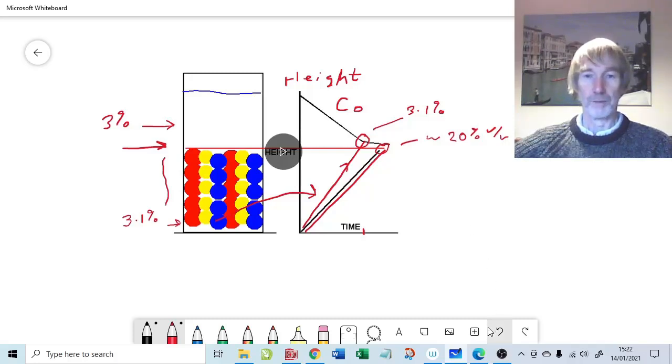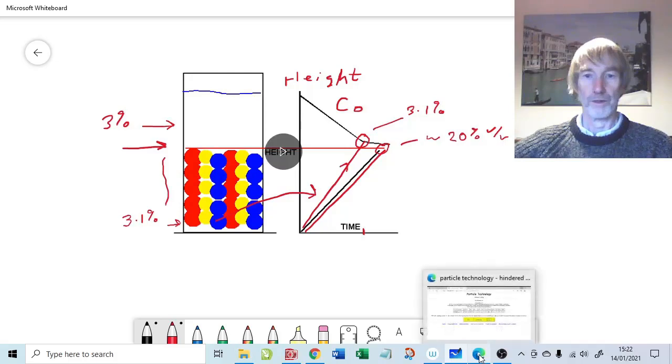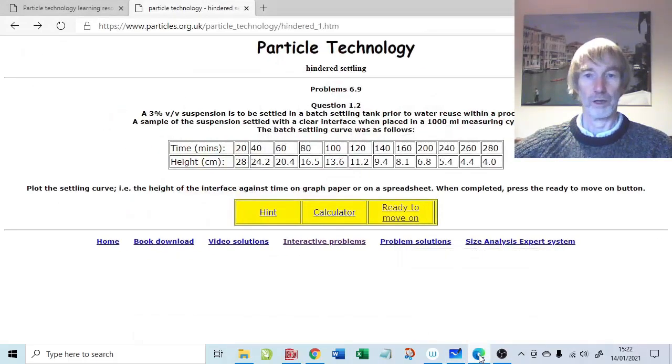Now I'm going to go to the actual online questions and do the worked solution using the online questions, because there's a lot of graphical constructions involved in this. So rather than use my scratchy handwriting and pad, I'll base it all around the online.